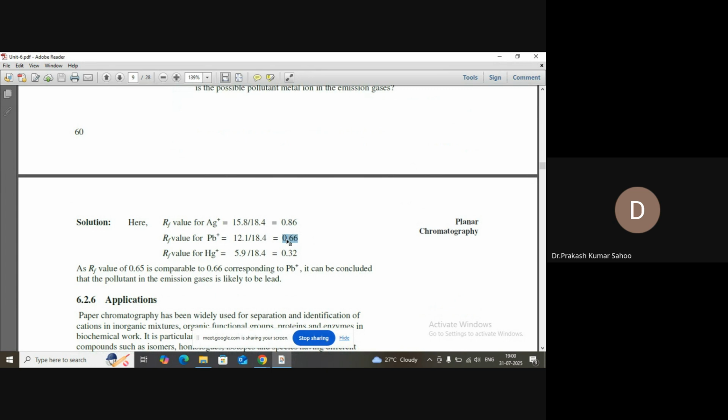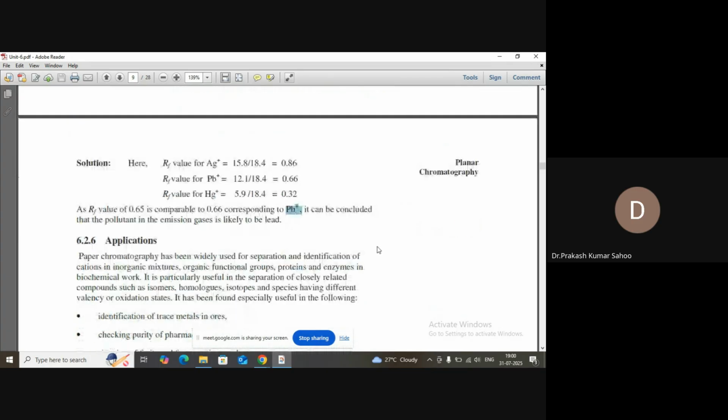That's why the major component regarded as the pollutant may be lead. So this is how the cross checking of pollutants is done.